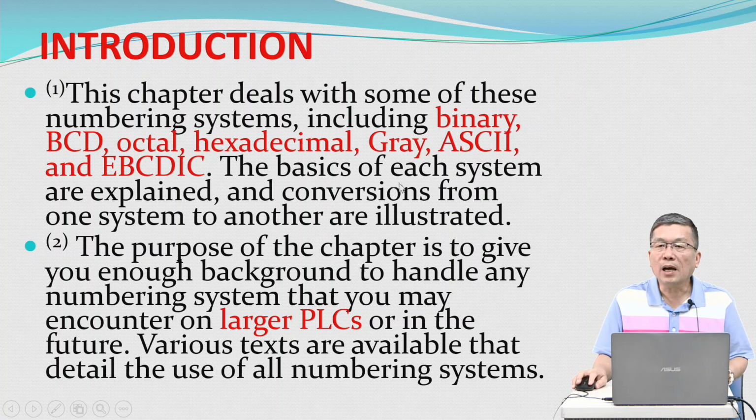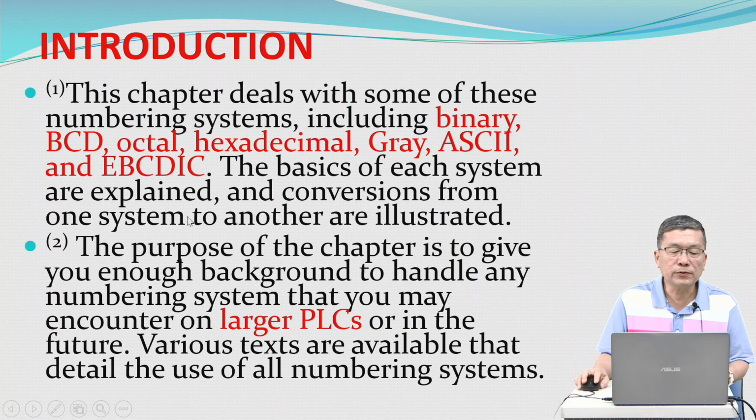The basics of each system are explained, and the conversions from one system to another are illustrated. The purpose of this chapter is to give you enough background to handle any numbering system that you may encounter on larger PLCs or in the future.